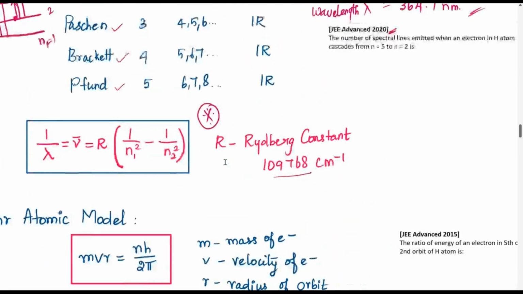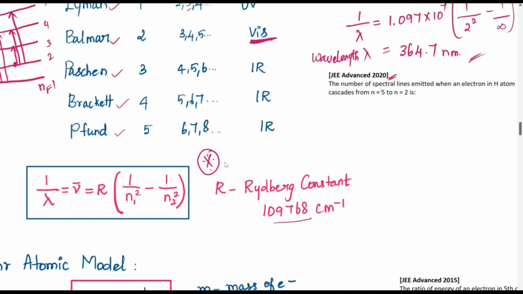So what is the emission spectrum? When the electron is coming back to the original position or lower energy level, it emits some amount of energy, that frequency is captured and talks about the emission spectrum, right? So here you can see it comes from n equal to 5 to n equal to 2.